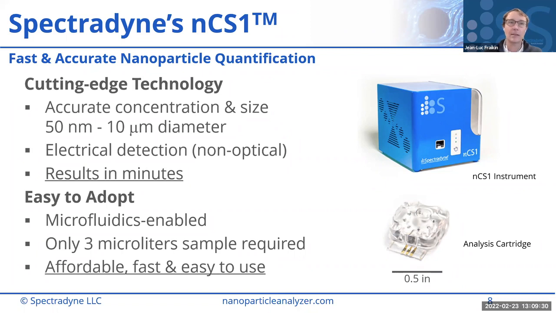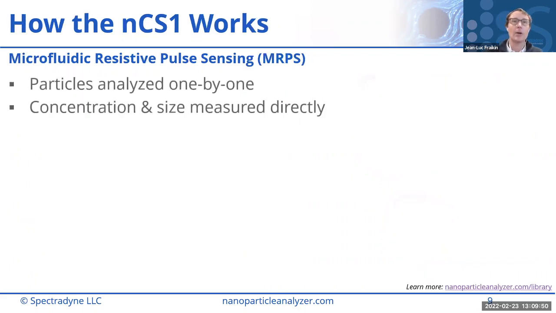And it's pretty fast. Generally, it takes 5 or so minutes to measure a sample. One of the features that our customers really like is that it uses microfluidics to deliver its performance. And one benefit of that is that only a very small sample volume is required for analysis, as little as 3 microliters.